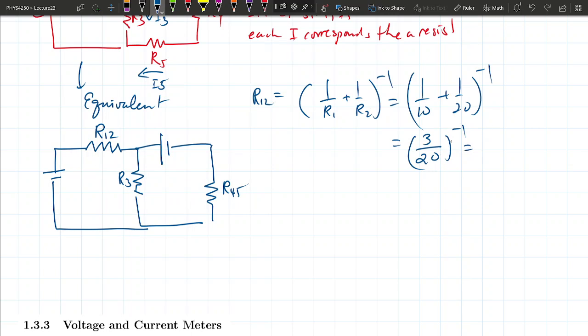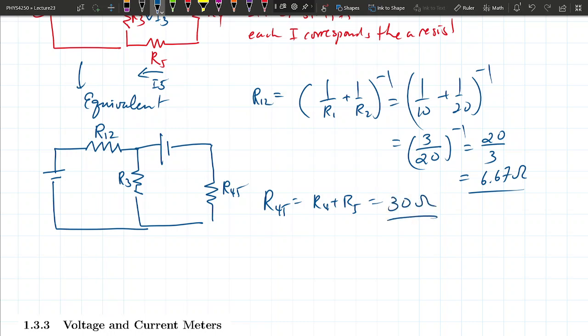You flip this when it's inverted. It's upside down. It's just 20 over 3, or equal to about 6.67 ohms. R45 should be easier. When it's in series, they just add. That's just going to be 30 ohms, because 10 plus 20.